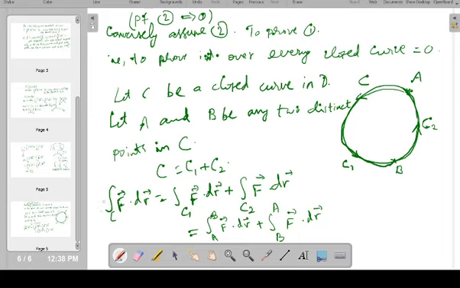C is a closed curve, and I have to show this is equal to 0. What is our assumption? We are assuming 2. That means f is path independent.